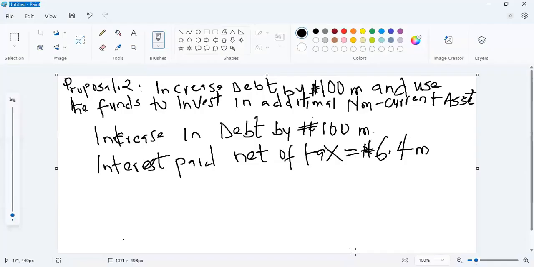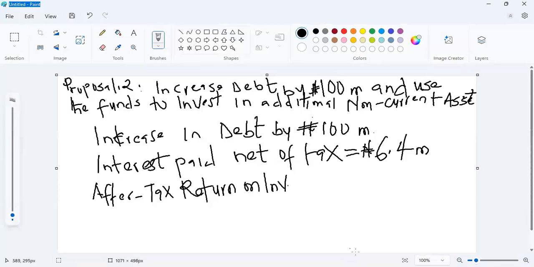I'll now come here. After tax return on investment is equal to 15%.